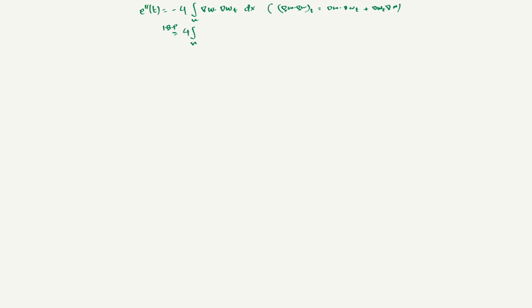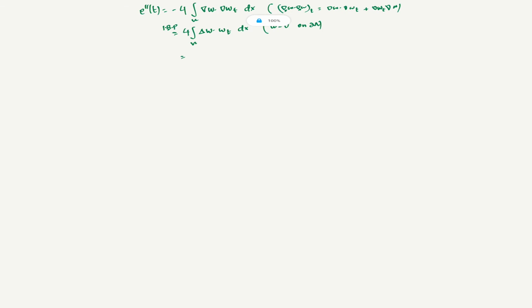So it is the integral over omega of Laplacian of w times w_t dx. Is this clear? And what about the boundary condition? w is 0 on the boundary, on del omega, so that term is not there. Clear? Because u is u tilde on del omega, so this is true.